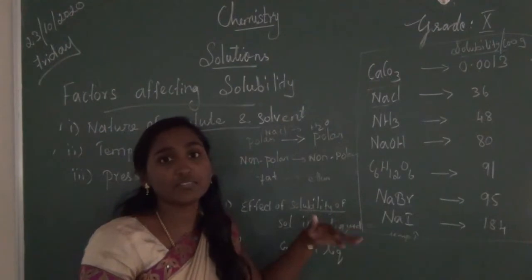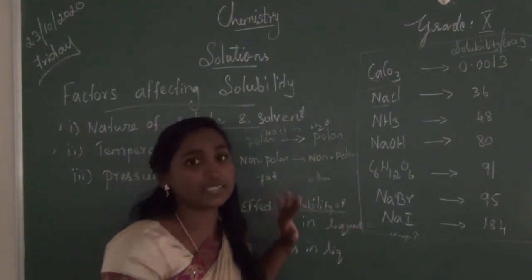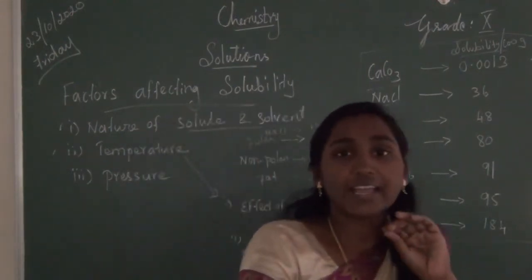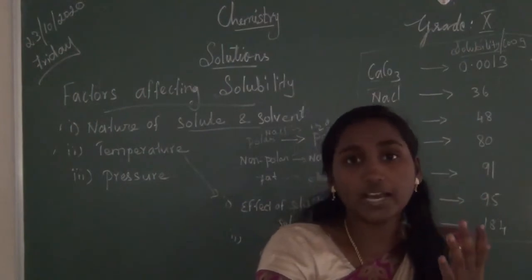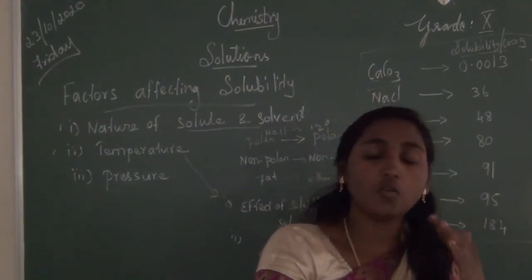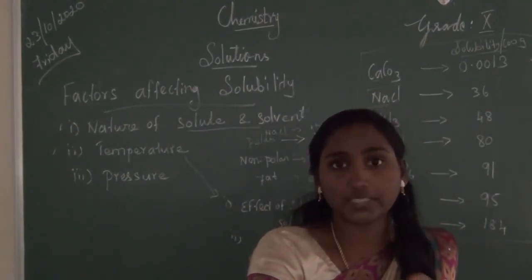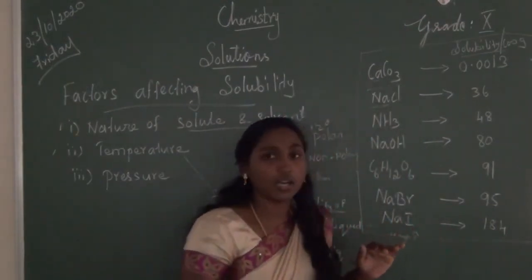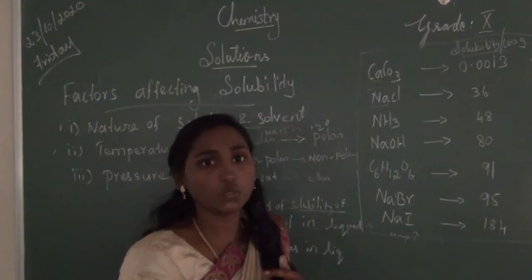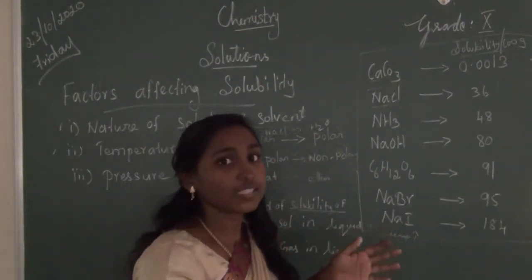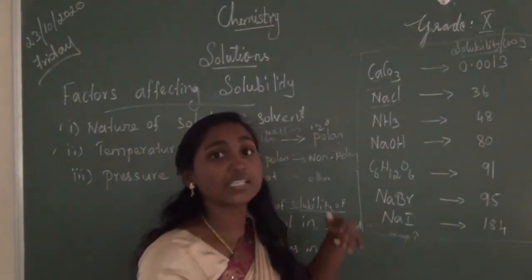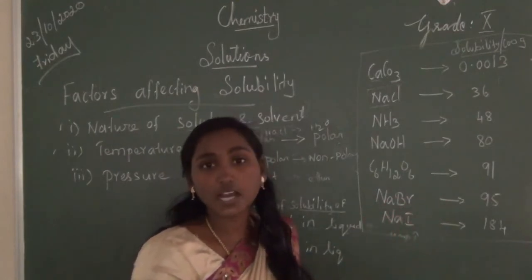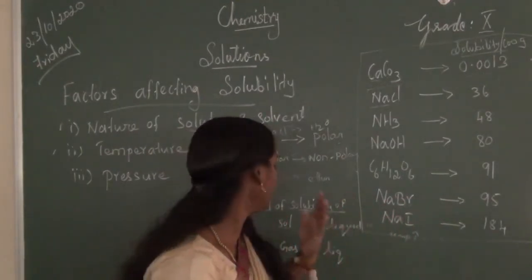Here the best example, listen: a greater amount of sugar will dissolve in warm water than in cold water, right? So what we understand is, if temperature increases, solubility also increases. This is the simple term.